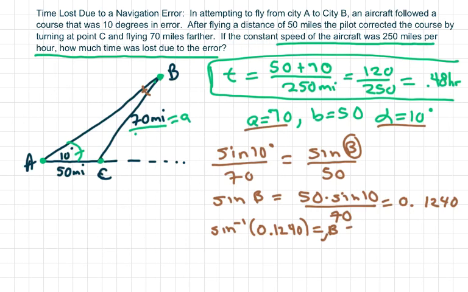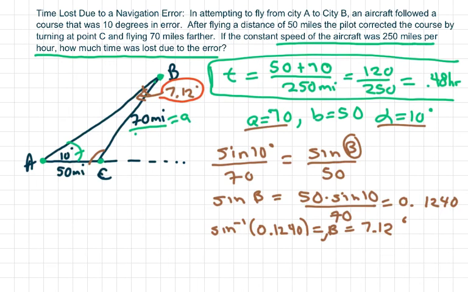So your beta equals 7.12 degrees. I'm going to put it right in here because it's kind of small. So this is 7.12 degrees.